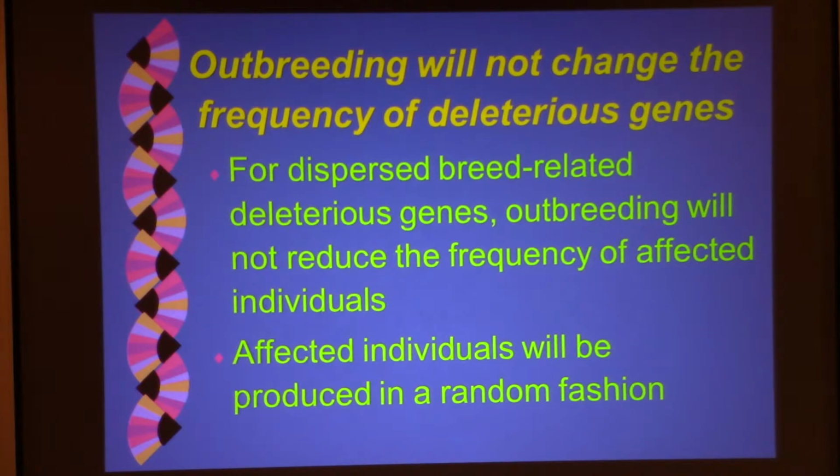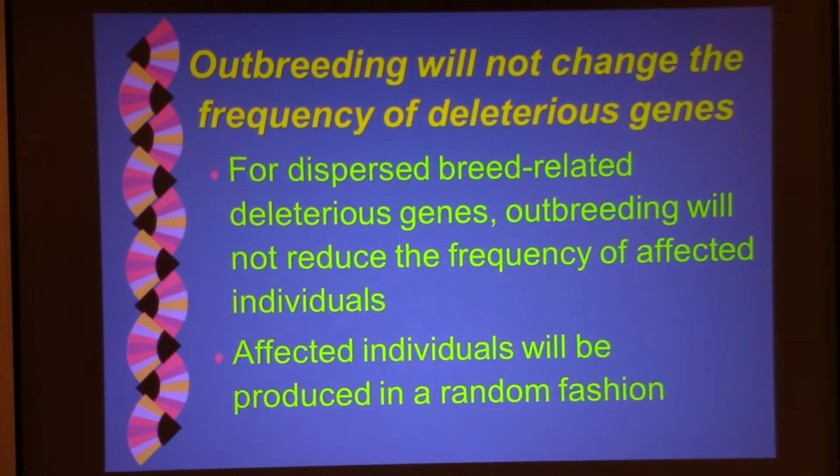And if you want to understand how disease is transmitted and expresses itself without breeding, look at our cat populations, because 95% of cats in America and around the world are random bred cats, alley cats. Only 5% are fancy or pedigreed cats, okay, as opposed to dogs where we have like a 50-50 in terms of purebred versus the others.